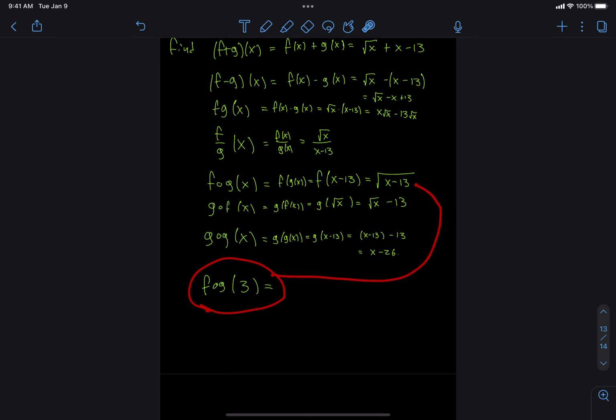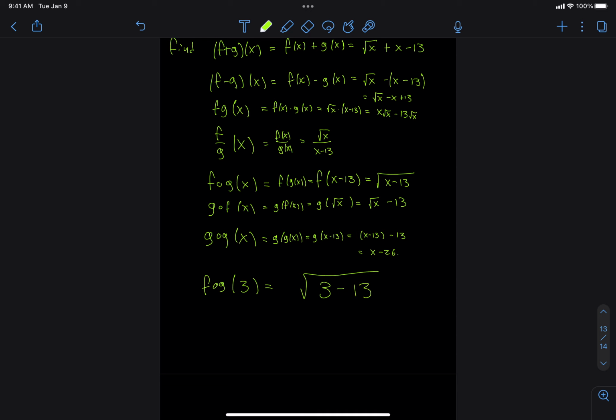That's all I would do, once I have the formula, I can just plug in. But what happens when I do that? Are we happy? No. Why are we unhappy? Because it's going to be the square root of negative 10, so this is undefined.